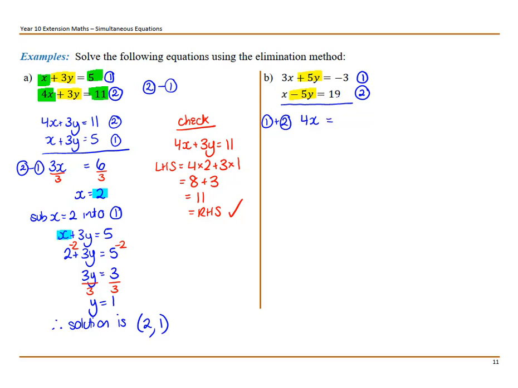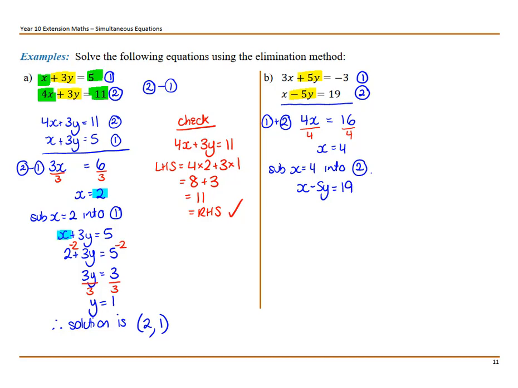Then we have negative 3 plus 19 is 16. We now divide both sides by 4 to get that x on its own. So x is 4. We now need to find y, so we're going to sub x equals 4 into equation 2. So I get x minus 5y equals 19.